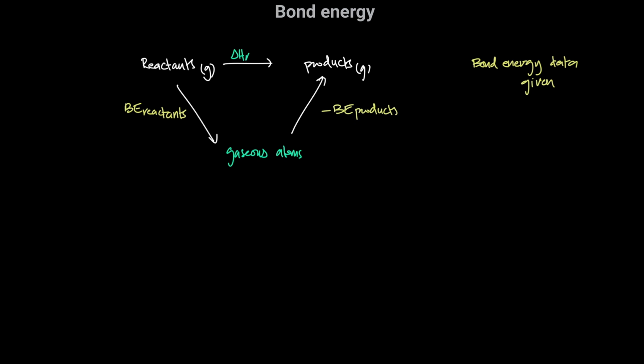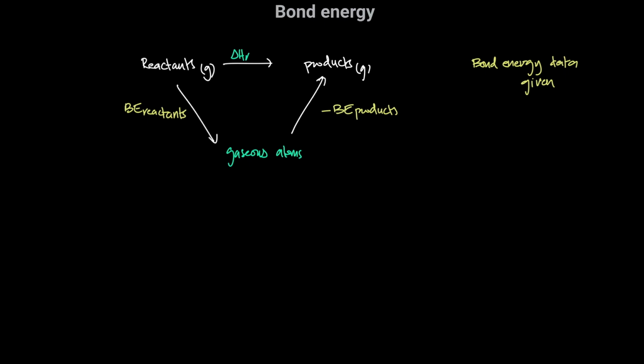The reason it's negative is because bond energy is for when bonds break to form atoms. Here we're making bonds. Bond energy will always be positive. We're making bonds, that's bond formation, so that will be the negative bond energy of the products. When gaseous atoms combine to form bonds in the products, that will be an exothermic process. So that's going to be minus the bond energy of the products.